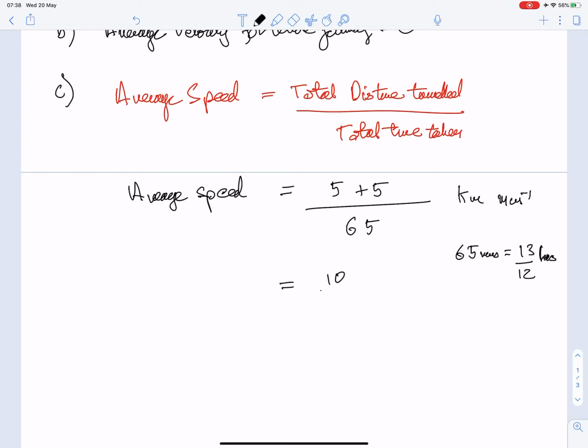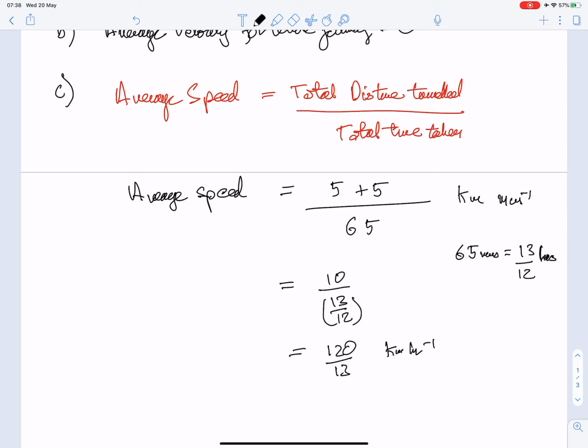So we've got 10 over 13 over 12. Using the method before, we get 120 over 13 kilometres per hour. You could tap that in a calculator and get it as a decimal.